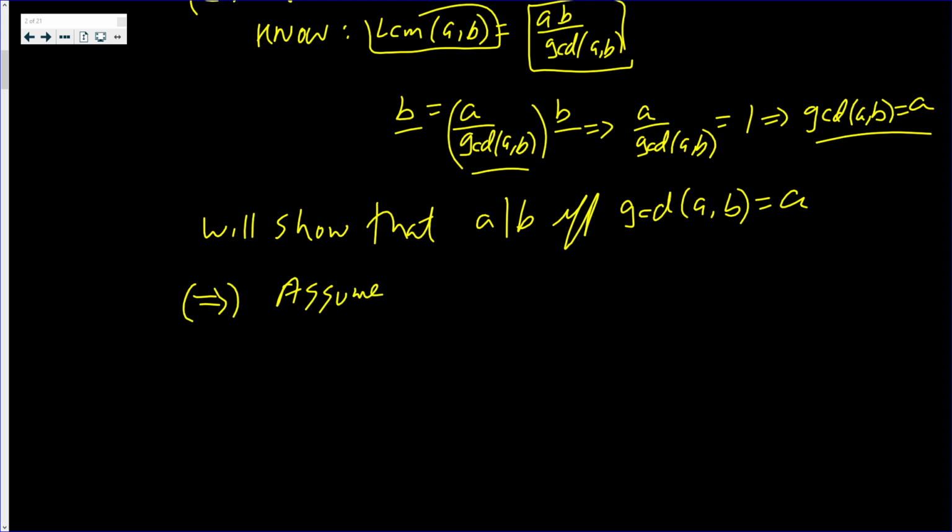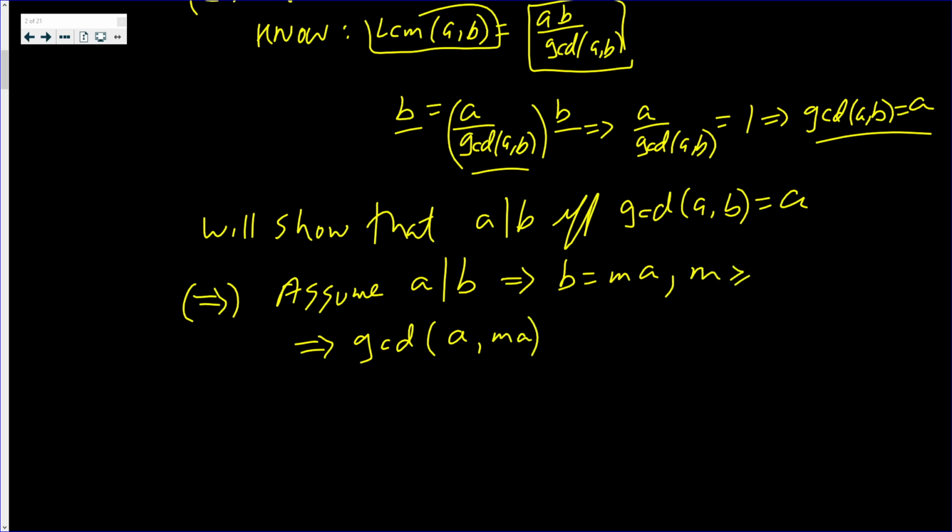Assume a divides b. That means b is a multiple of a. That implies we're taking the GCD of a and a multiple of a, ma, where m is at least 1. Well, a clearly goes into a, and a goes into ma. Nothing larger than a goes into the first number. If you have 8, 9 doesn't go into it, 10 doesn't go into it evenly, 11 doesn't.